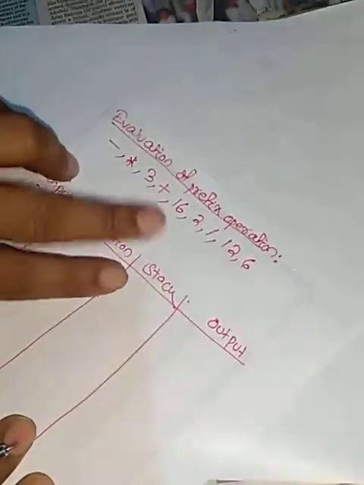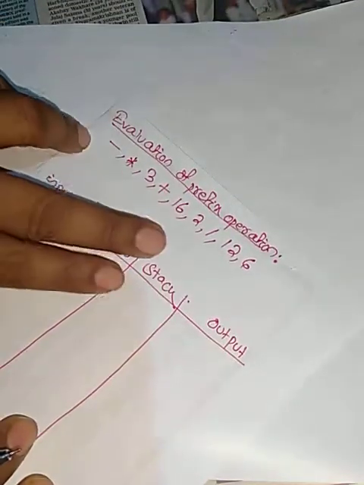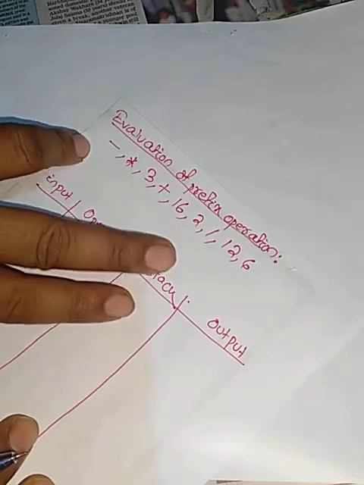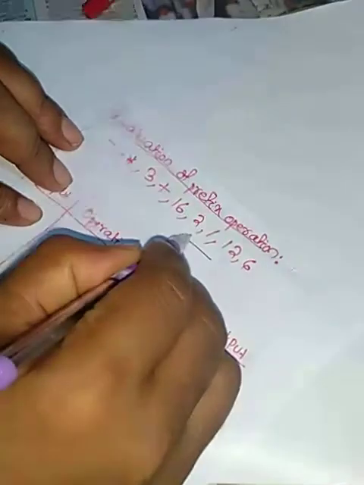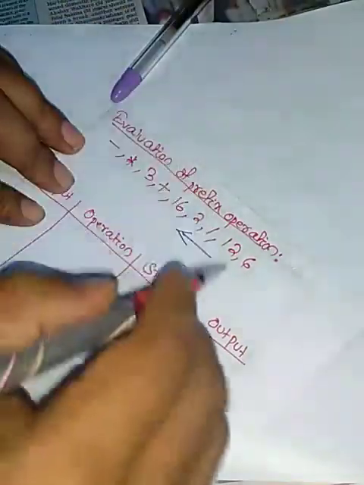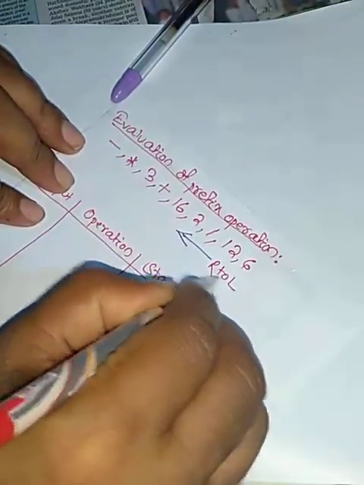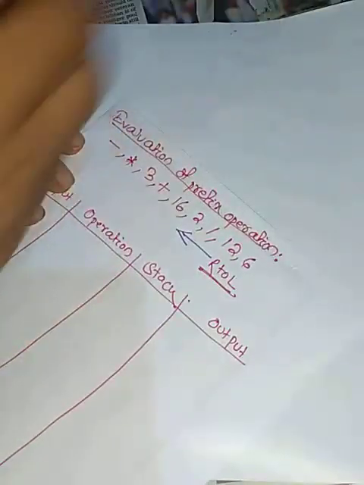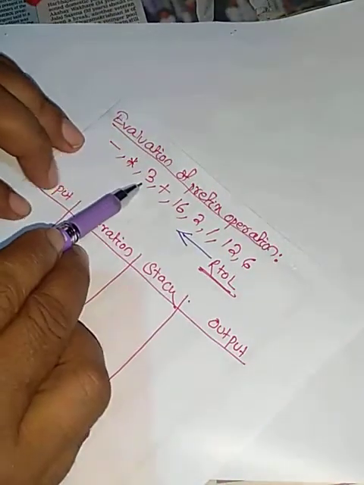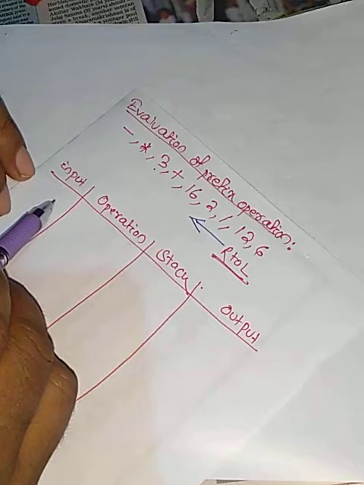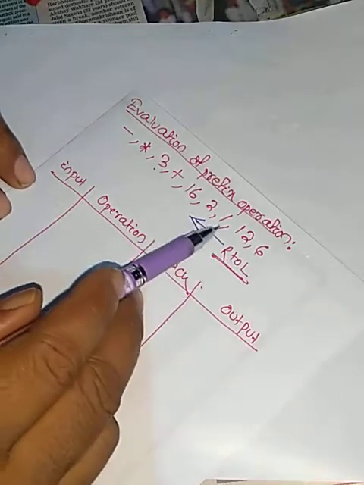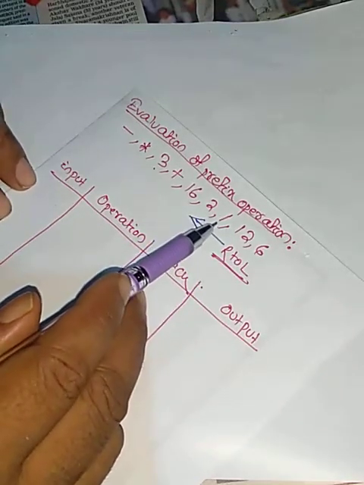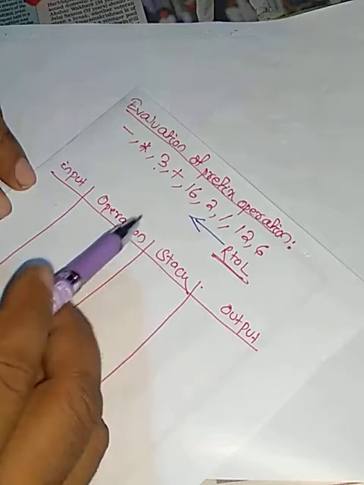Suppose we have symbols written in prefix, we have separated with comma to identify the elements distinctly. The idea is we will scan the elements from right to left. So now whenever we encounter any operand, we'll push. Okay. And whenever we find operator, we'll pop top two elements and we'll perform operation.